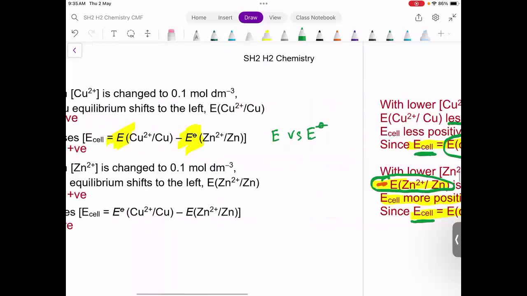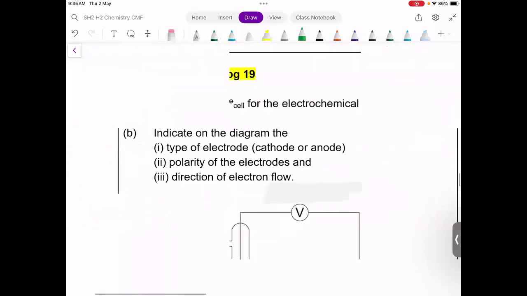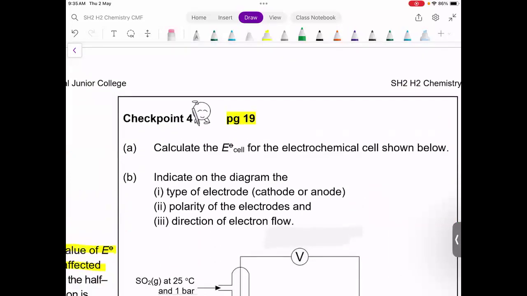All right. So if you look at the next part, let's try checkpoint 4. Okay, so for those who are done with copying, you can try checkpoint 4 now. If you have any other questions related to other parts, you can clarify with me.